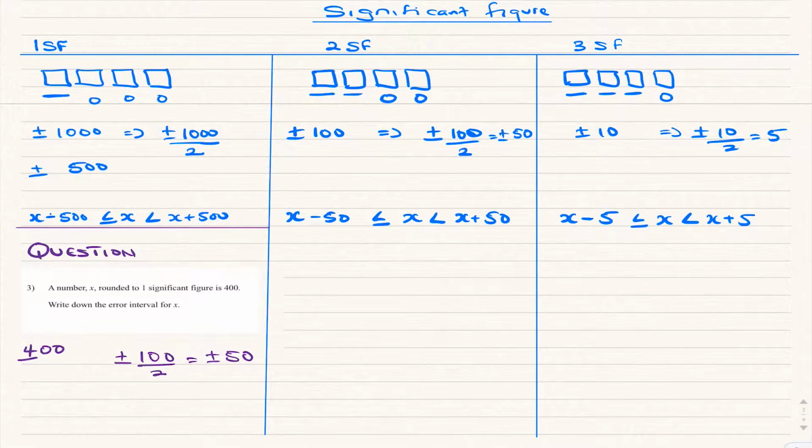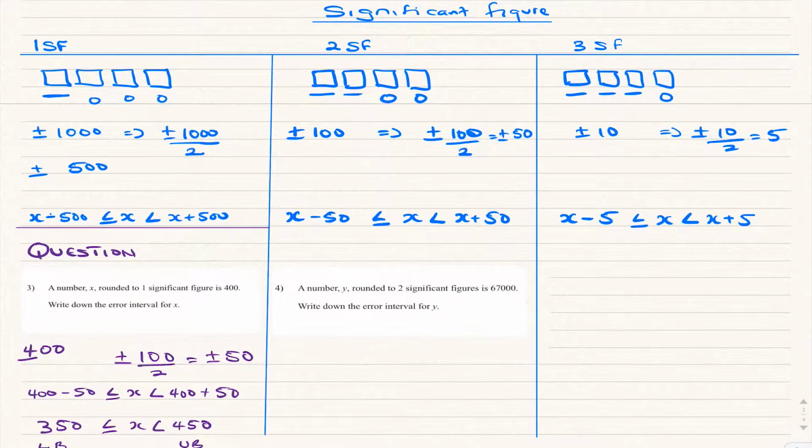So the lower bound will be 400 minus 50, less or equal to x, which is less than the upper bound, 400 plus 50. And therefore, you're going to get 350 less or equal to x less than 450. And that's our error interval. 350 is the lower bound and 450 is the upper bound.